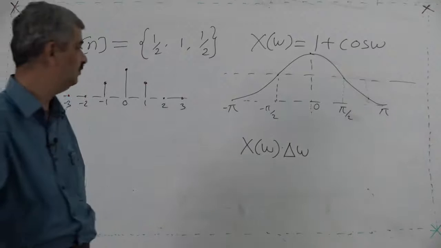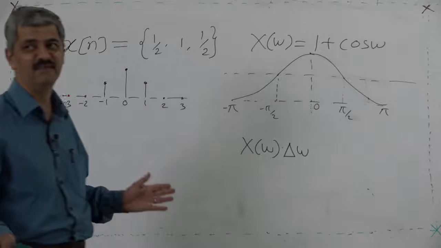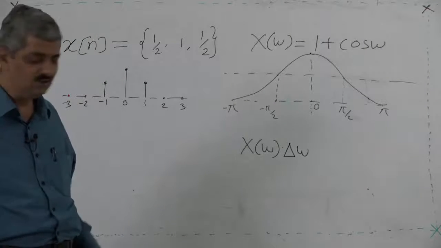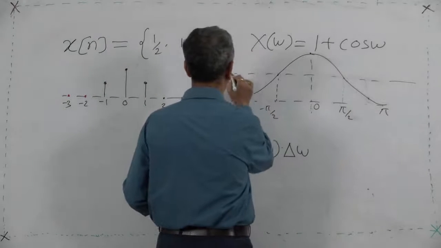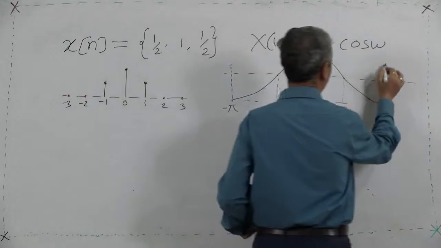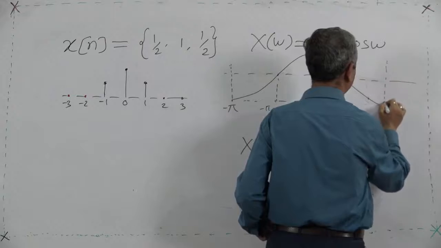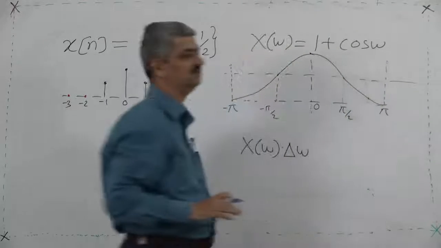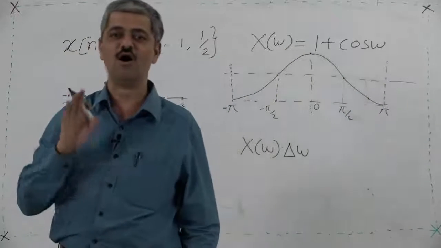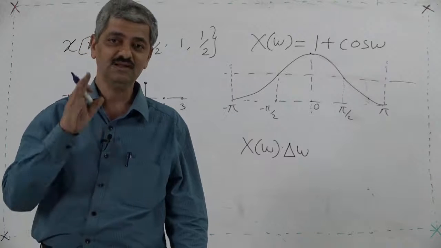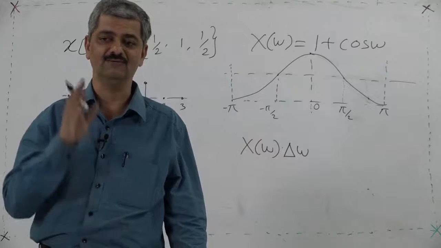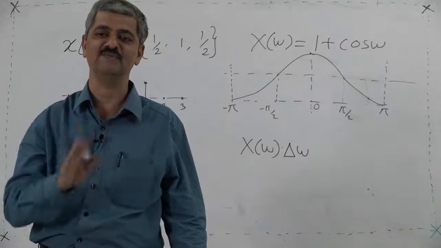So, what do I do? What is the range of omega? Meaningful range is 2 pi. So, this span of 2 pi, I divide into an odd number of strips.